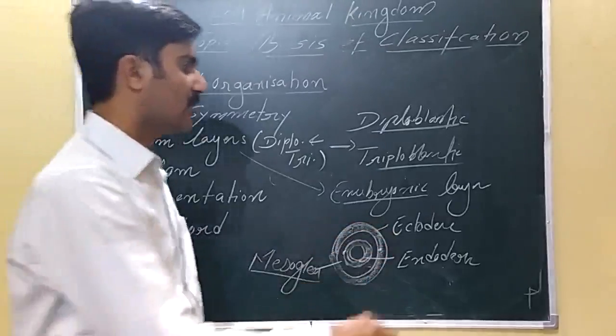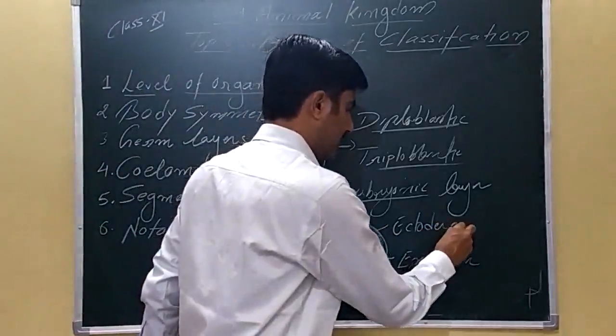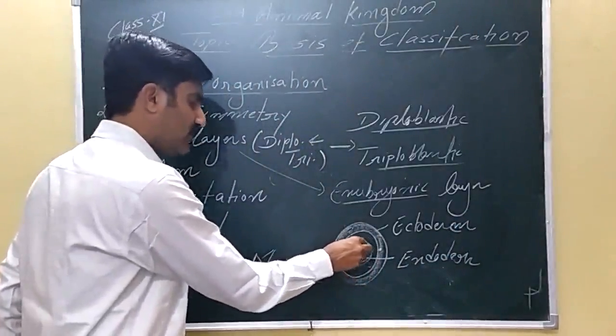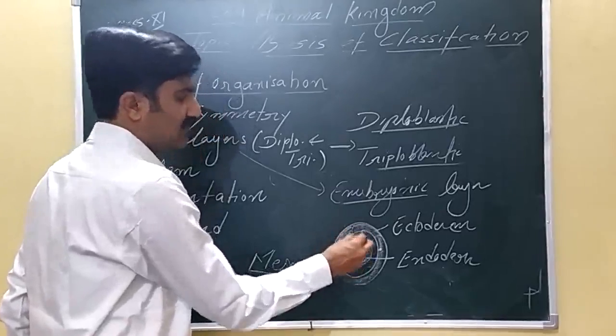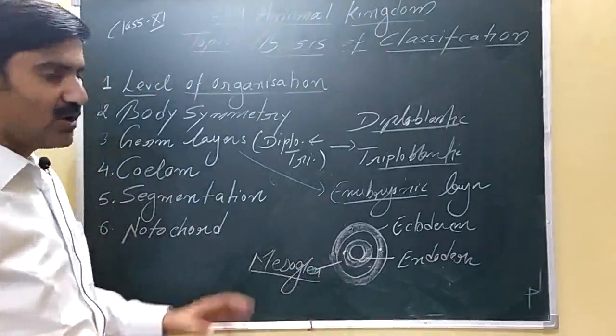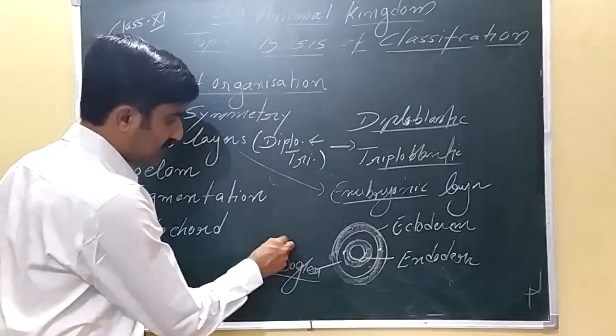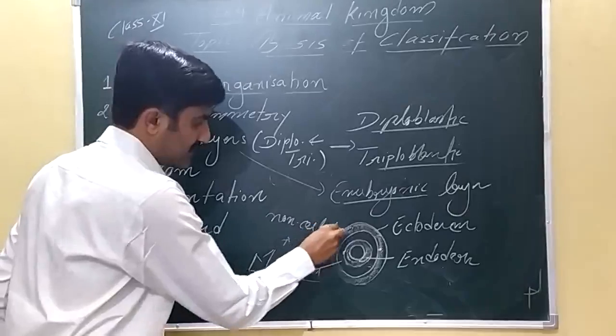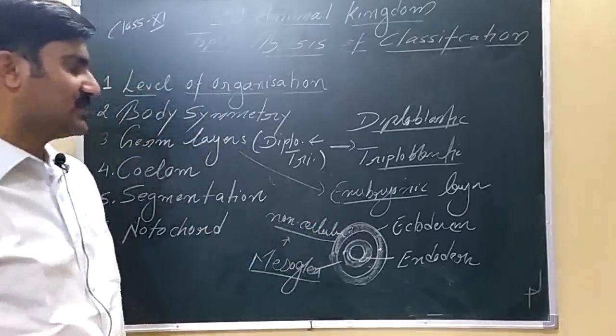Ectoderm, derm means skin. Ectoderm, endoderm, and this is the lumen, that can be the gut lumen, right? And in between these two layers, this mesoglea, please remember, is non-cellular. It does not consist of cells.